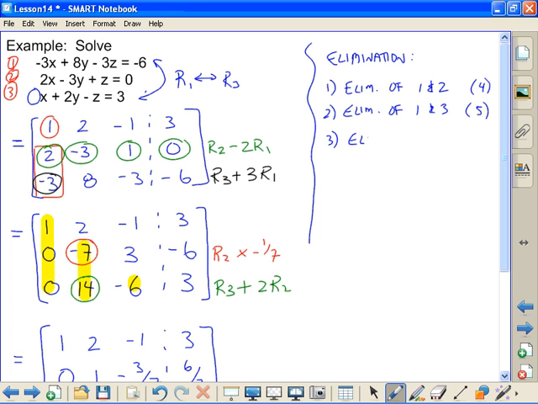Then you'd have to do the elimination of 4 and 5, and that would get you down to a final value. And then you'd have to sub into 4 and 5 to find all values. So you're performing elimination minimum 3 times in order to solve that.